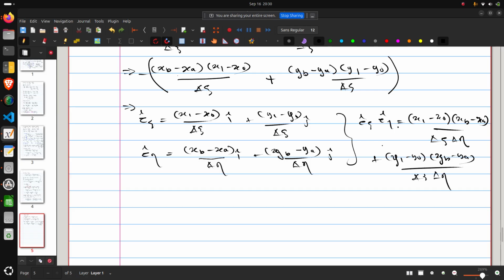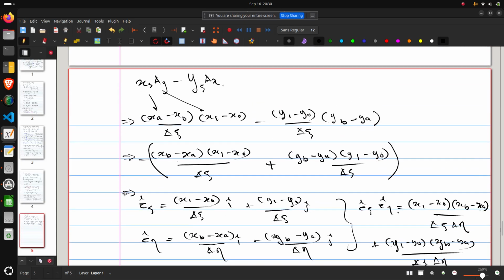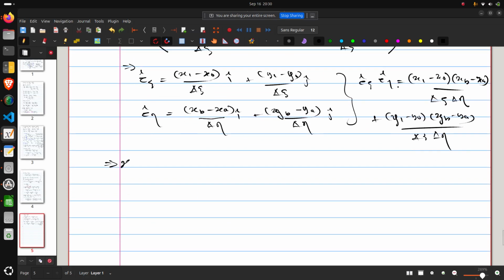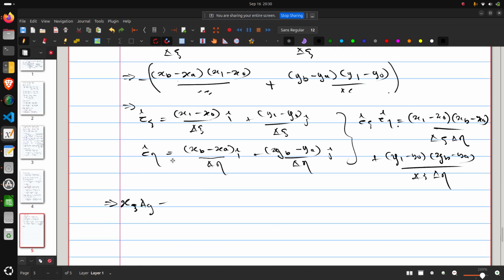Okay, this is just the same as what we have here, right? So what we need to do is replace this thing with, so what was this? This was the x psi ay minus y psi ax.